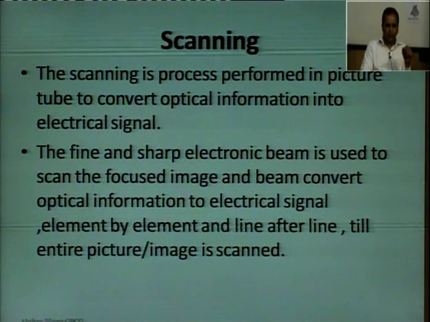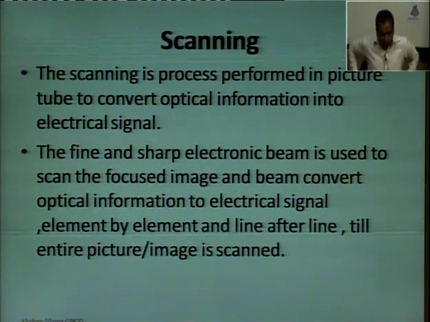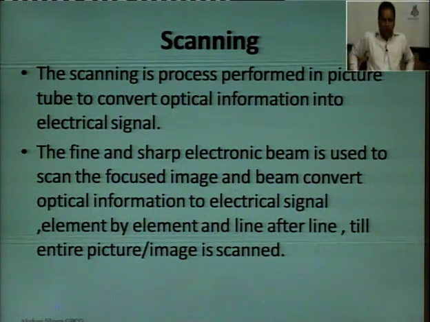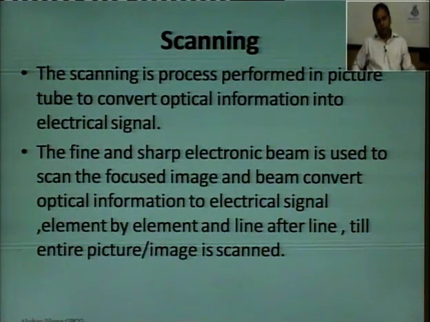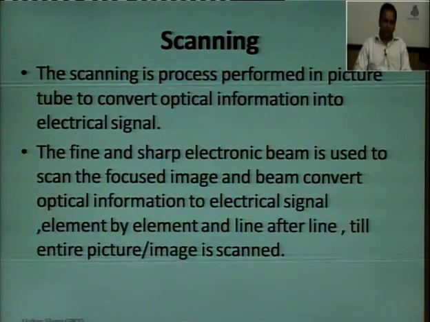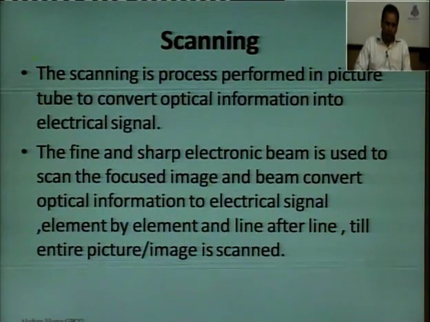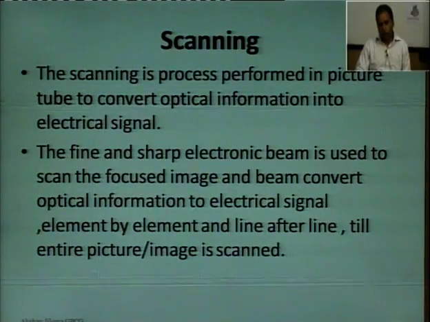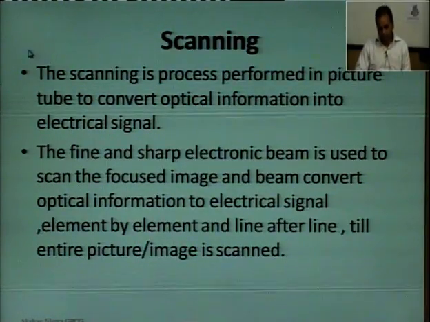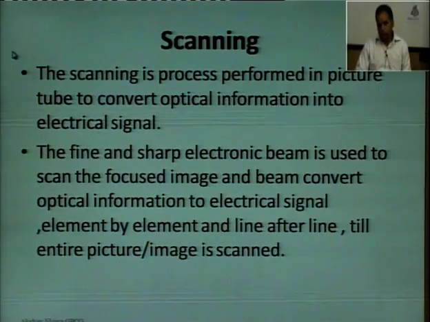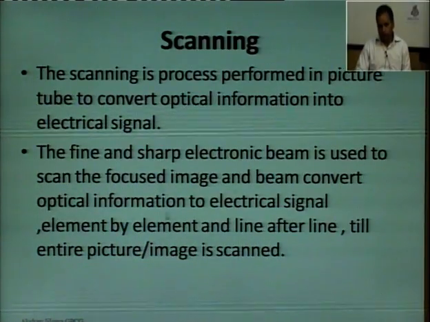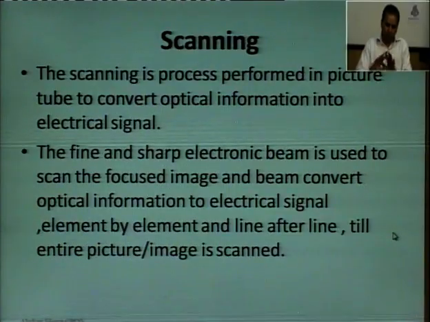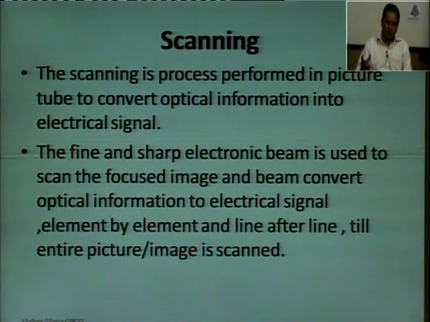When the picture is scanned, the beam spot moves over the entire area simultaneously, left to right and top to bottom, and it covers the whole of the scene or the whole of the face plate, which has a conductive coating. So, the electron beam covers all the areas and gets information from all the areas.